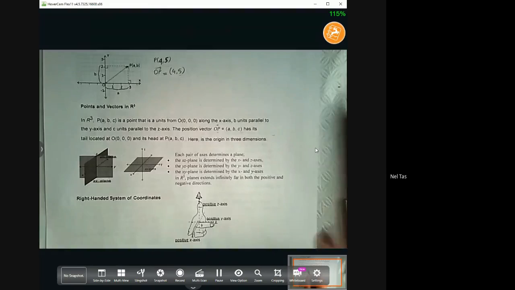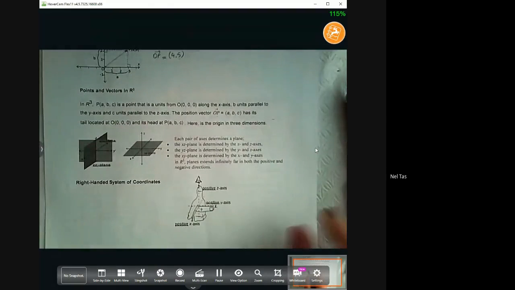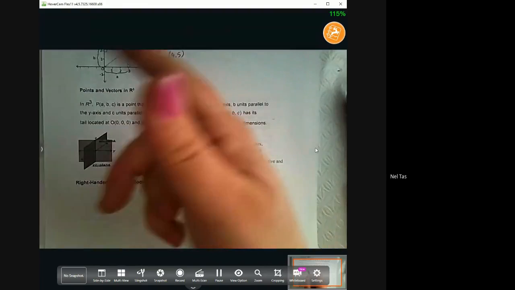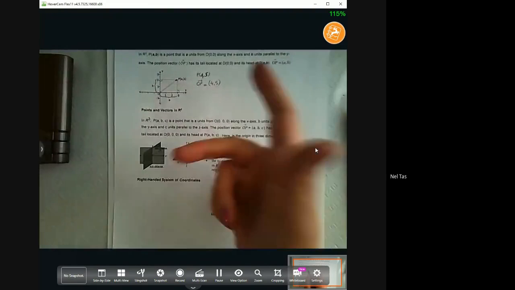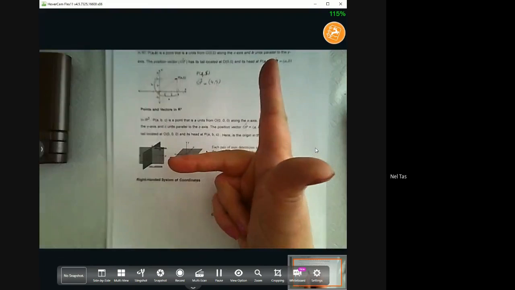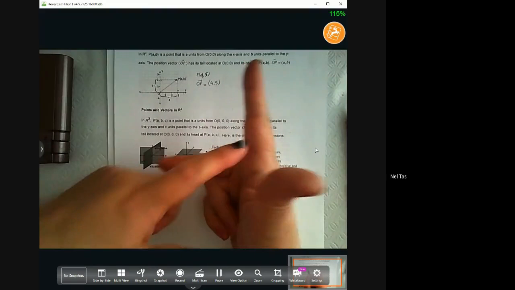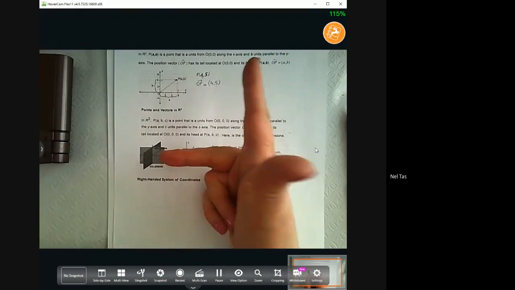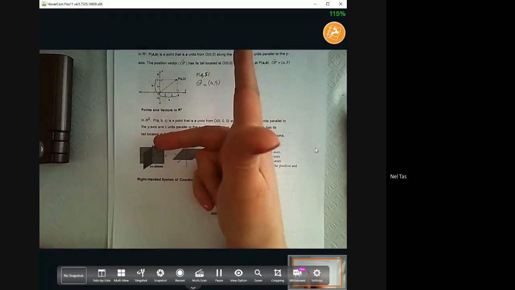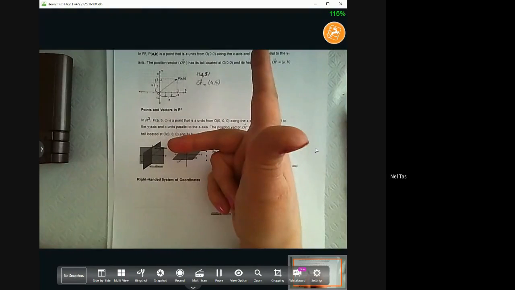For the xyz system, to show it, we use the right hand method. So you take your right hand and make 90 degrees with your three fingers, and the thumb pointing up is your z-axis.